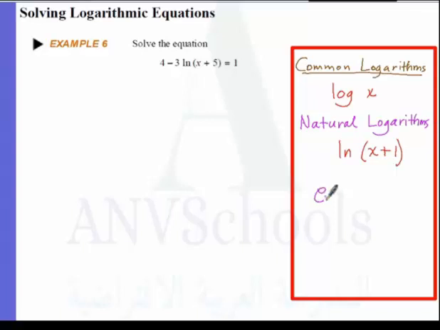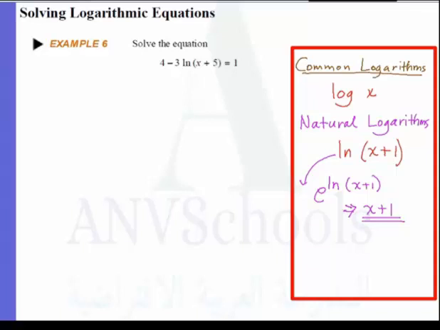So, for example, e raised to ln of x plus 1 just gives us x plus 1. And this is a property of natural logarithms, covered in the previous lesson, which is entitled the change of base property of logarithms.